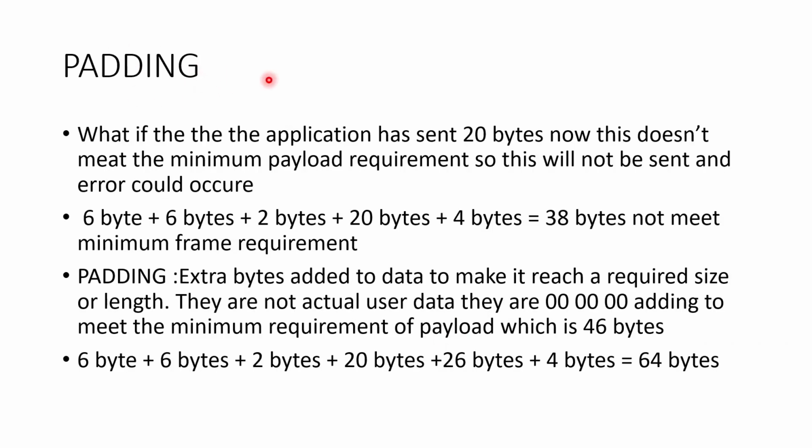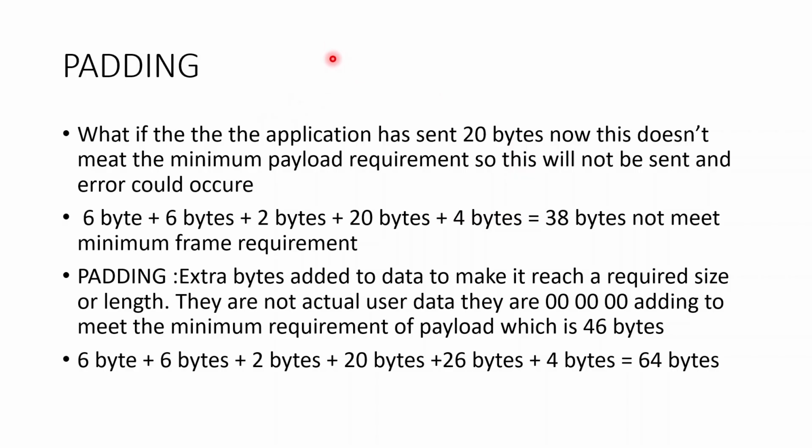Padding refers to the addition of extra bytes to the Ethernet frame so as to meet the minimum requirements. So let us take a simple example here. Let us say the application layer has sent data which is 20 bytes long. Once we make a simple revision, we said that the application data is transported in the Ethernet frame in the part of the payload.